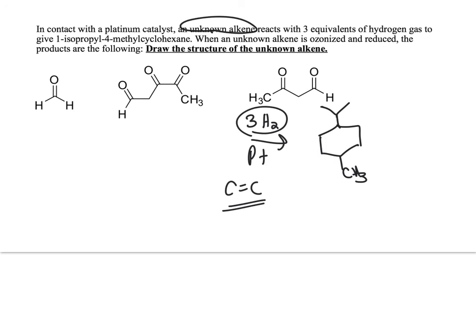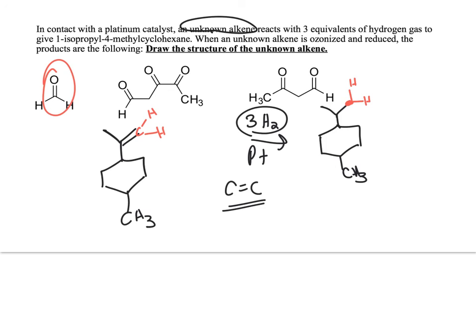And so we have 3 alkenes. This aldehyde would have to come from this because of the 2 hydrogens. So we can start there because of ozonolysis. So you can go ahead and there is that alkene.